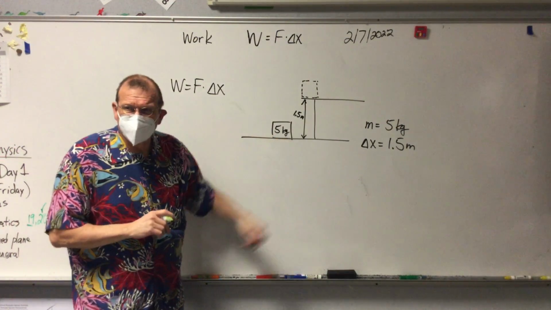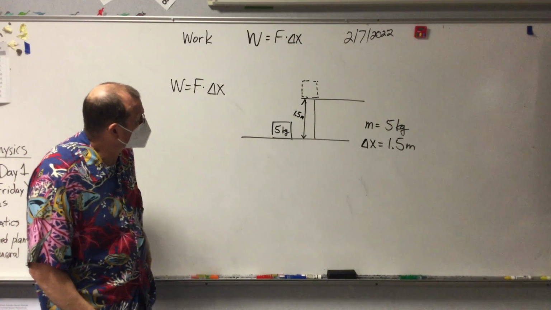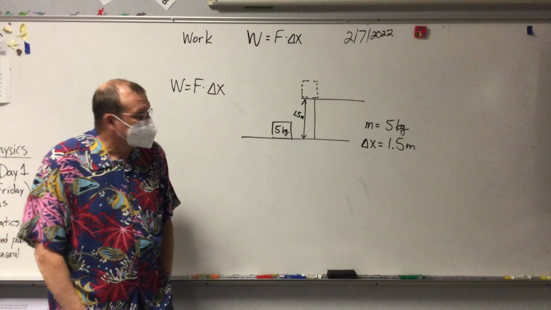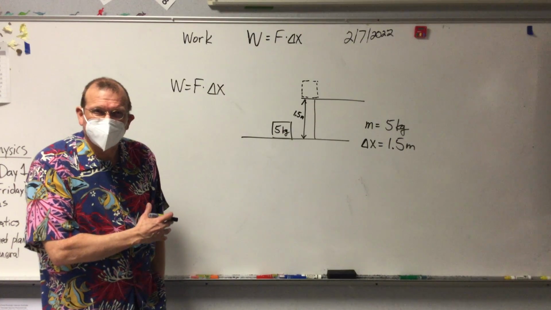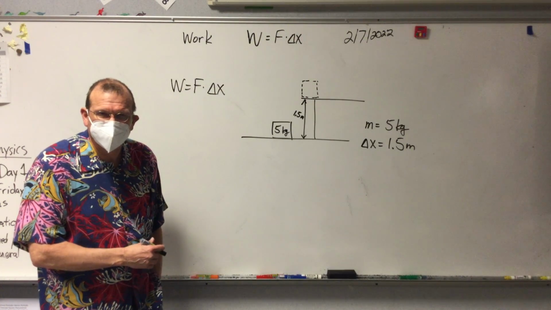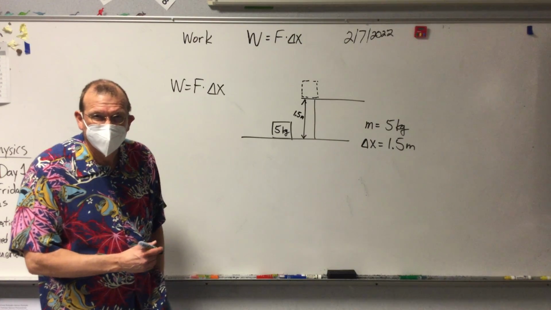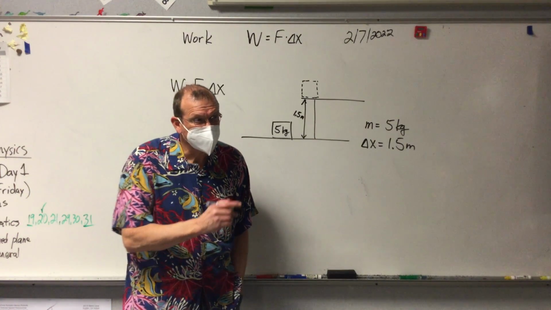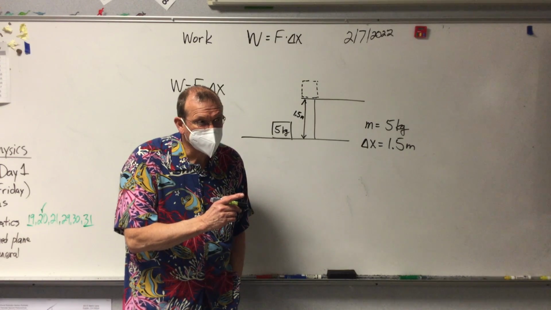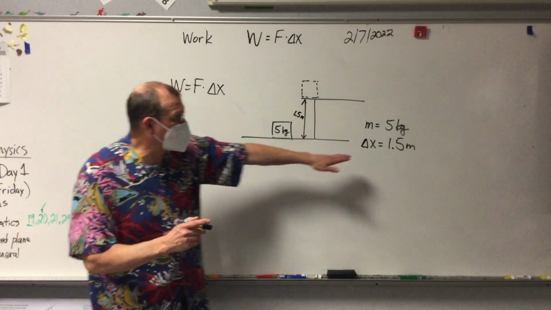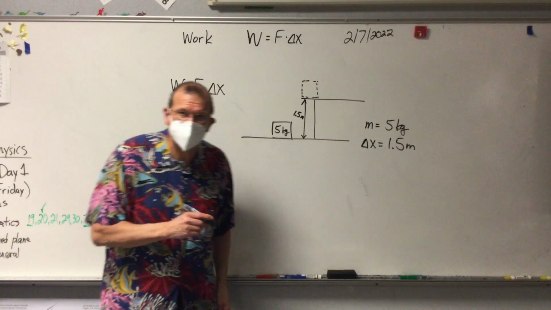Now, in looking at this problem, can anybody tell me how I'm going to figure out the F associated with lifting the books? Any thoughts? Finding the displacement. Well, we already got the displacement because we got the 1.5 meters here.